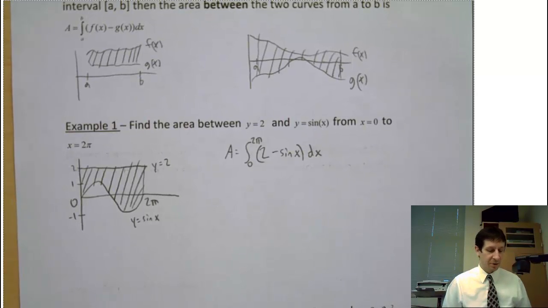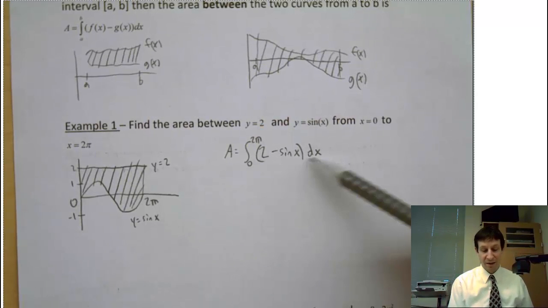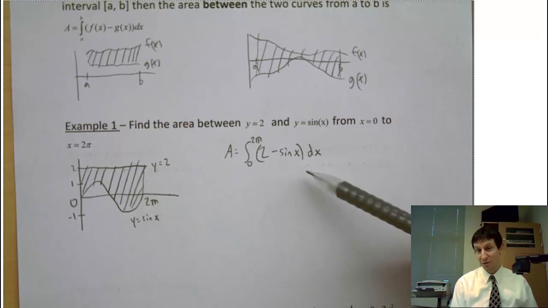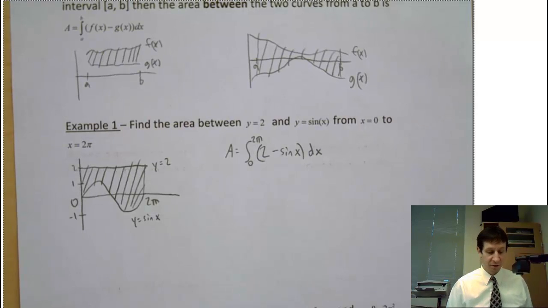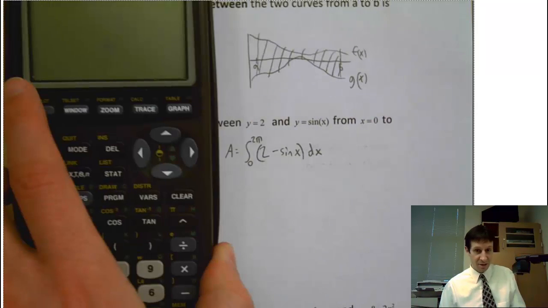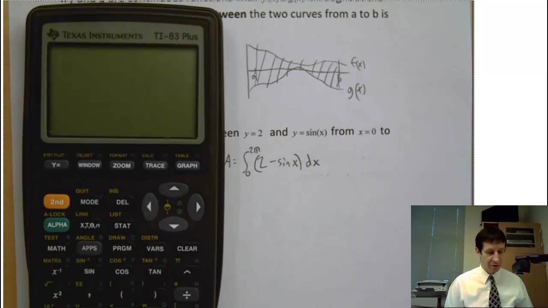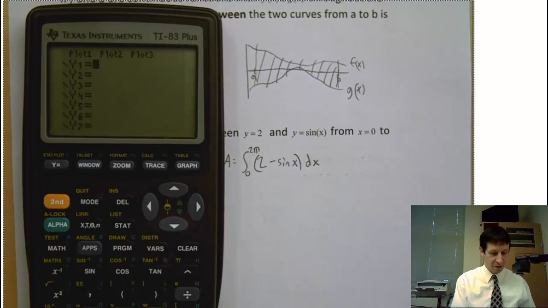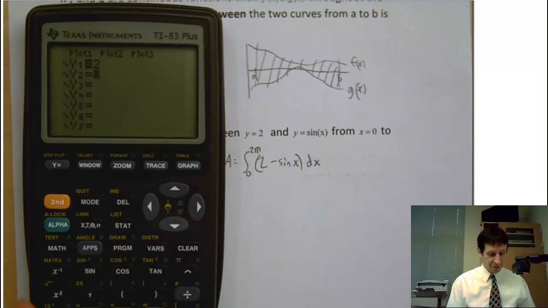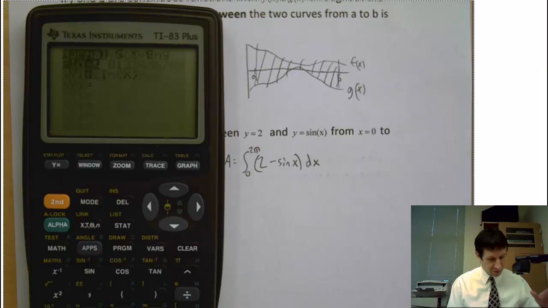As I mentioned, I'm okay with you using your calculators in this section. Technically, keep in the back of your minds, this could show up on a non-calculator test. This is something that you know how to do antiderivatives for, so we should be able to find definite integrals for it without our calculator. But just to speed things along, we'll use this. What I like to do, since we're going to do several of these in the homework, is go ahead and in the y equals store in y1 usually the upper function, and sine of x in y2. I should check my mode, make sure I'm in radian mode.